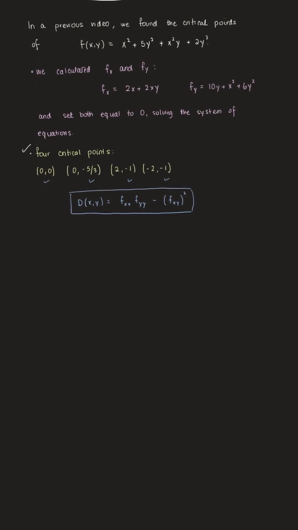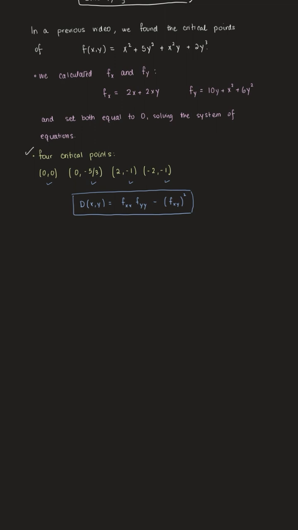So in order to find our discriminant, we're going to need the second order partial derivatives. I'm working here from our first order partials that are written at the top, and the second derivative of f with respect to x is just going to be 2 plus 2y. Our second derivative with respect to y is going to be 10 plus 12y.